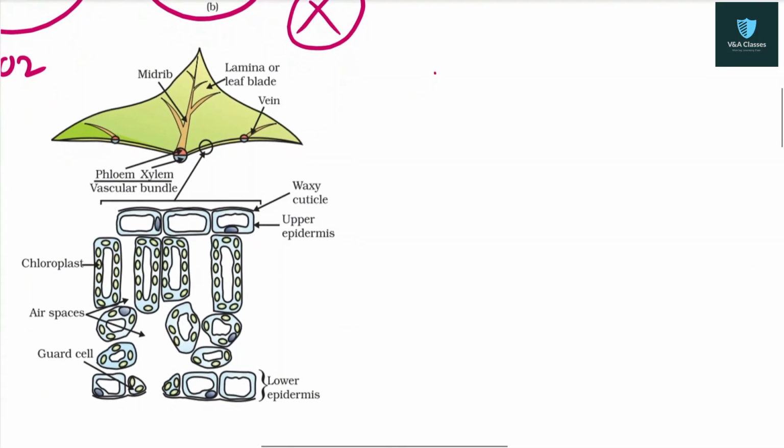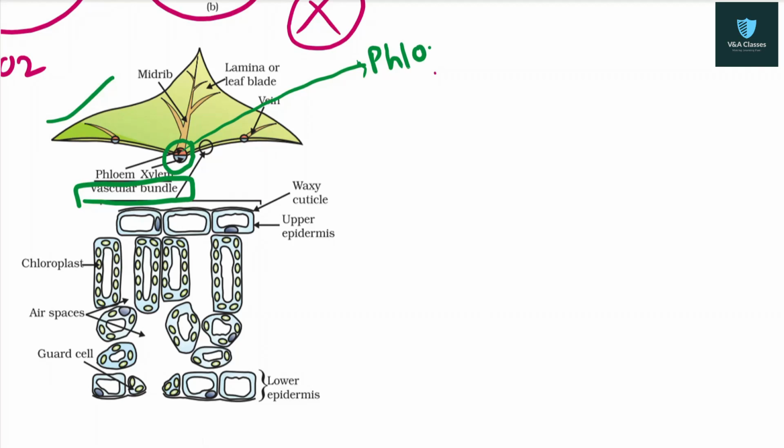Okay, so let's see, this is the cut section of a leaf. Here we can see something which is labeled as vascular bundle. Okay, so what this vascular bundle consists of, the upper part is what? Phloem. Phloem is concerned with nutrients transfer. Okay, after photosynthesis, when plants prepare their sugar, they need to transfer that material to all the parts of the plant.